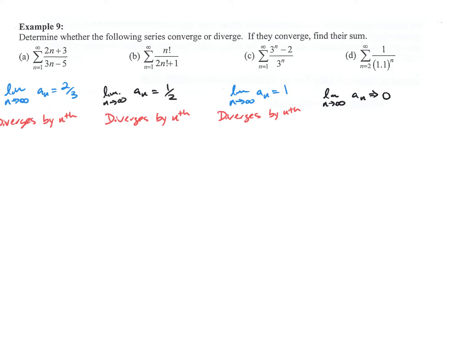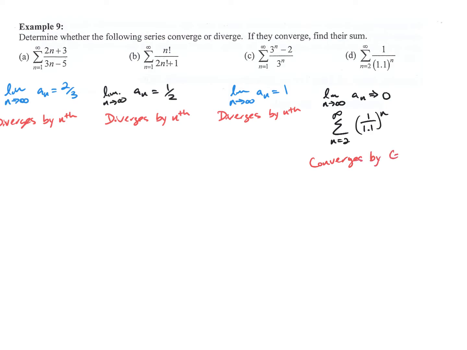Maybe it's a GST. So if I were to rewrite this, I could think of it as a 1 over 1.1 raised to the power n. True? I go from n equals 2 to infinity. So what do you know? It converges by GST.